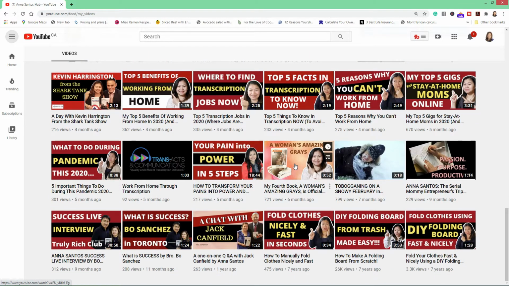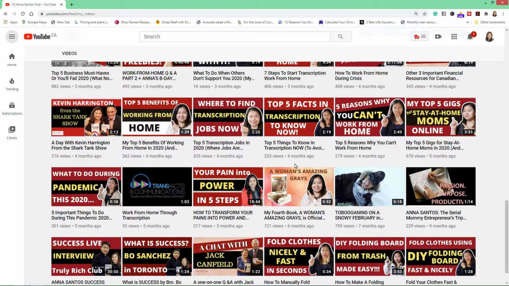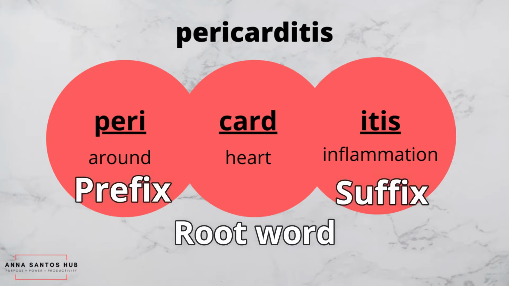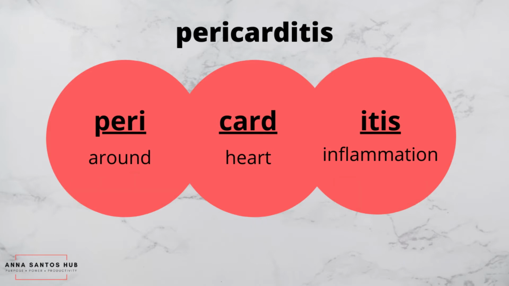Now, I'm going to show you something very interesting. Pericarditis is one example of a medical terminology. And a medical terminology consists of a combination of, for the most part, a prefix, a root word, and a suffix, and sometimes a combining form.